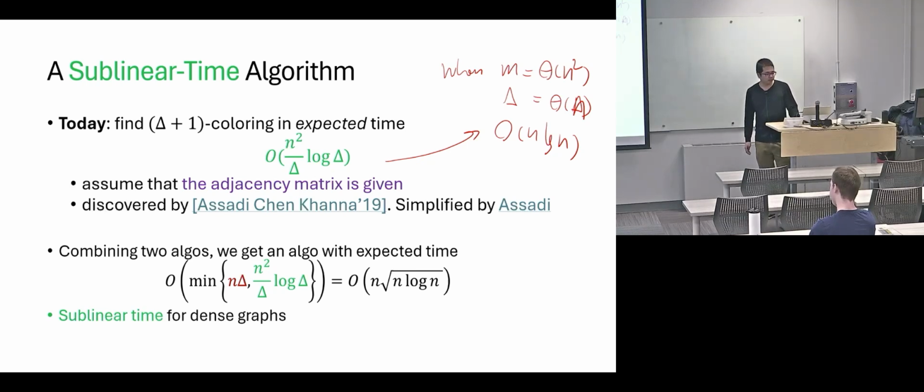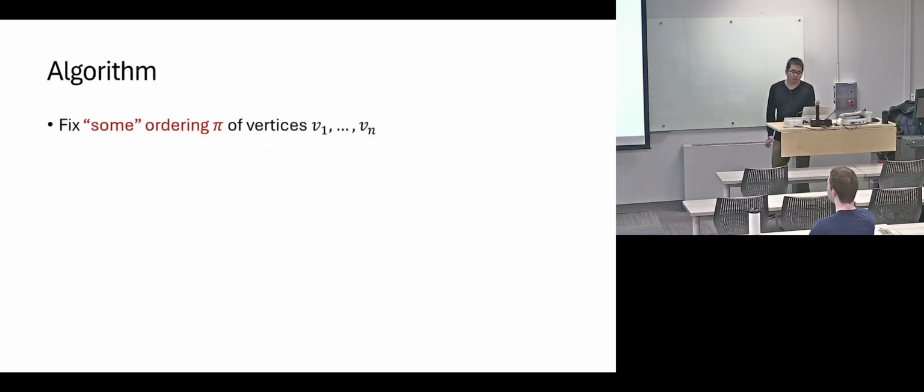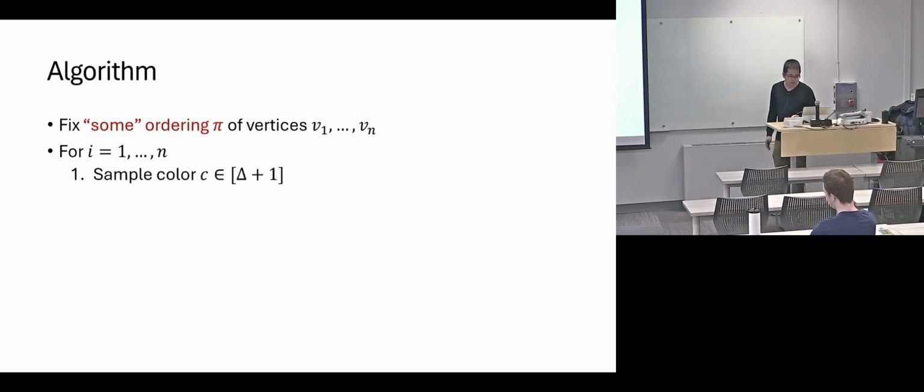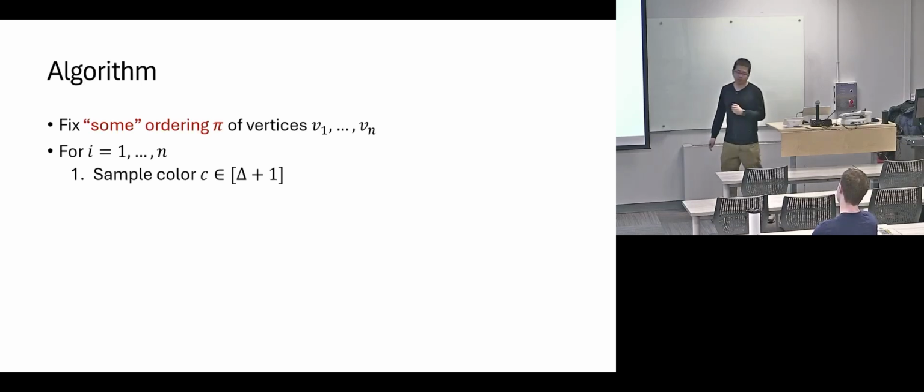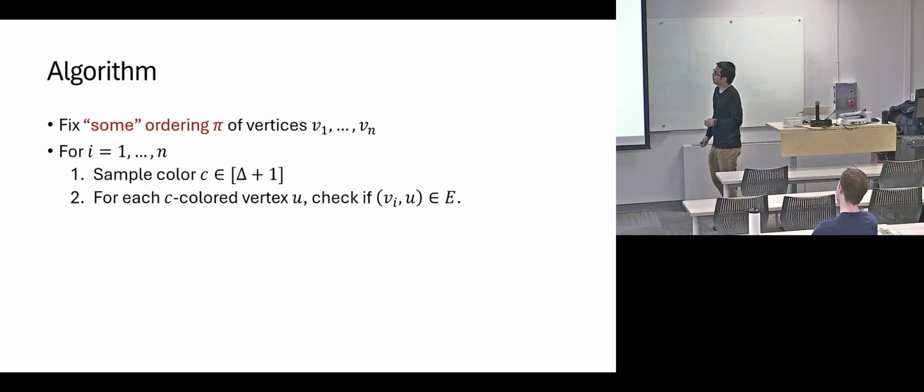The algorithm is going to be super simple. We're going to fix some ordering again of vertices and loop over v_i from 1 up to n. What we're going to do is sample a color. We choose a color C randomly. And then for each vertex that has color C, we check if v_i and that vertex are adjacent to each other.